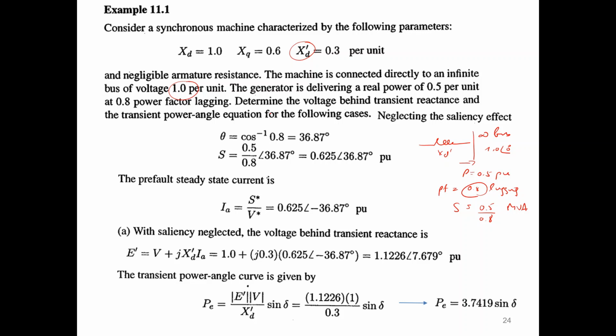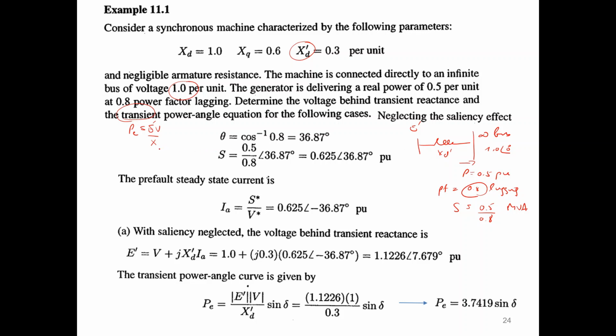The problem asks you to determine the voltage behind transient reactance, so this is E prime, and the transient power angle equation. So PE is E prime times V divided by X. In this case, the generator is connected directly to the infinite bus, without having the line or the shunt impedance.